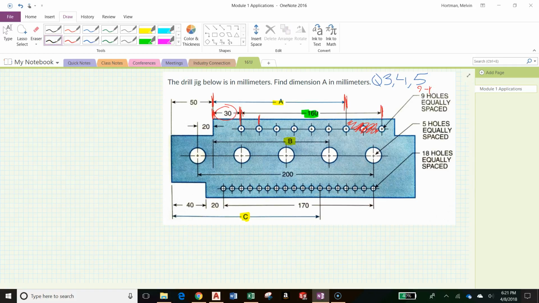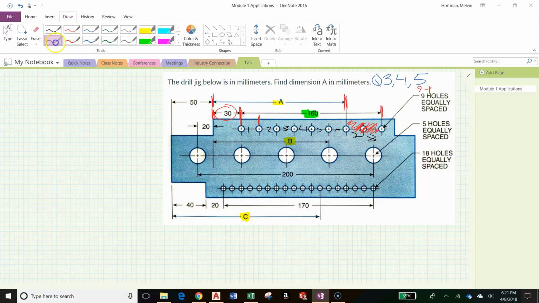If you don't want to just assume it's 9 minus 1, you can just count them: 1, 2, 3, 4, 5, 6, 7, 8, which is what we assumed earlier.